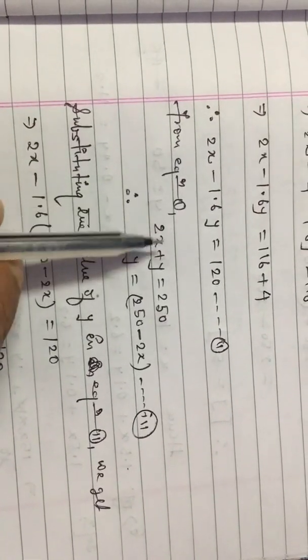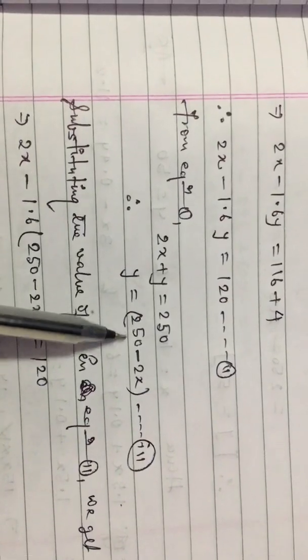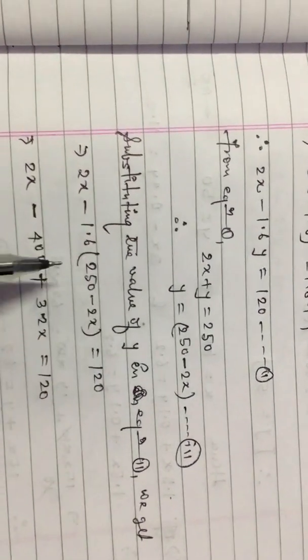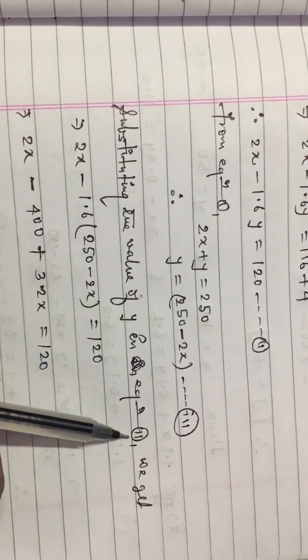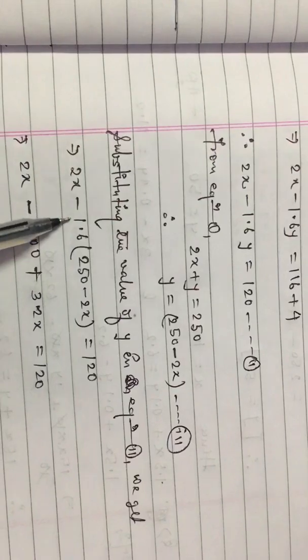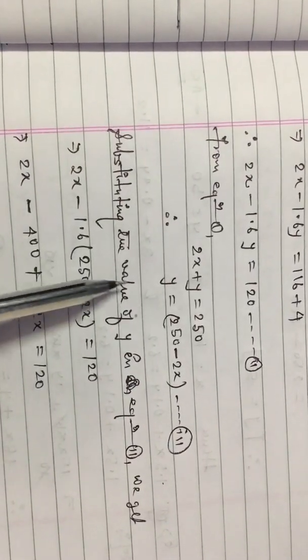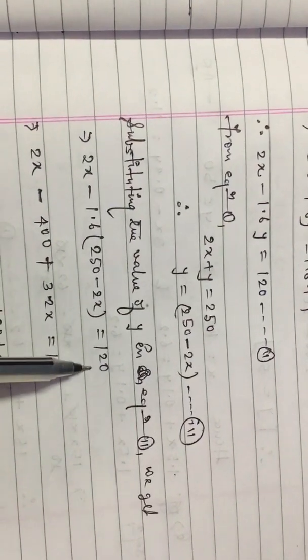From equation 1, 2x plus y is equal to 250, so y is equal to 250 minus 2x. Substituting this value of y in equation number 2, we get 2x minus 1.6 into (250 minus 2x) is equal to 120.